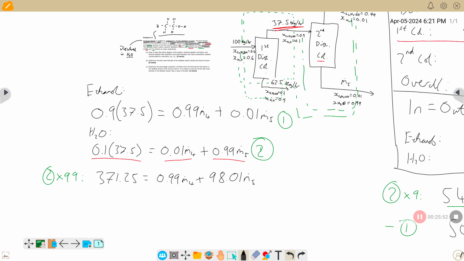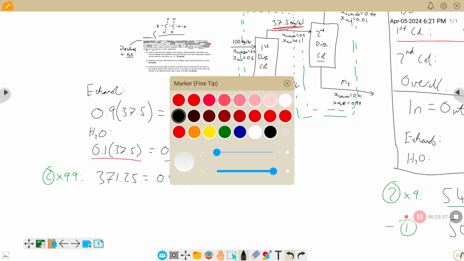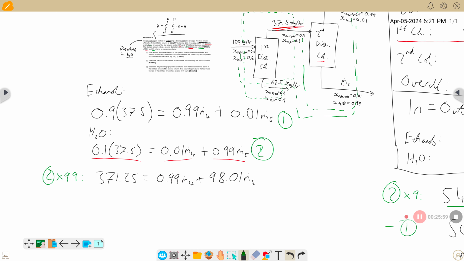Okay, and again, I can just subtract that first equation away. When I subtract the first equation, on my left-hand side, that gives me 337.5. Now, when I subtract this from this, that gives me 0. Again, this is elimination, right?